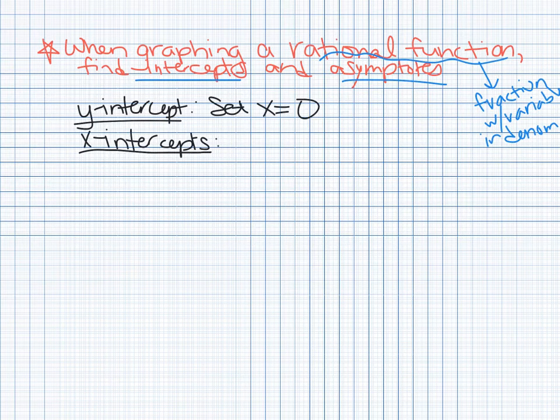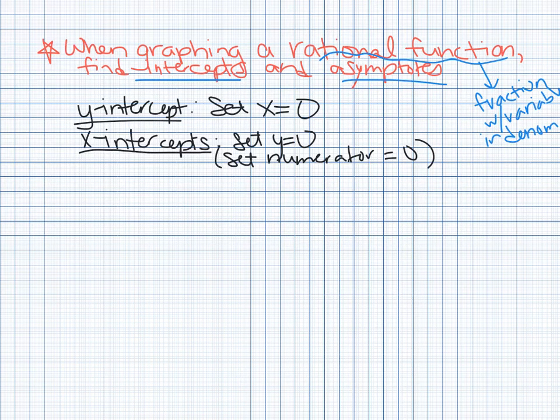You'll notice I made it plural. Generally, we say that these are the x values when y equals 0. So if you're looking at one of these functions, when you set y equal to 0, it's not as straightforward as you think it might be. Actually, what we're going to do is we are just going to only look at the numerator. And I'll show you what I mean in just a sec.